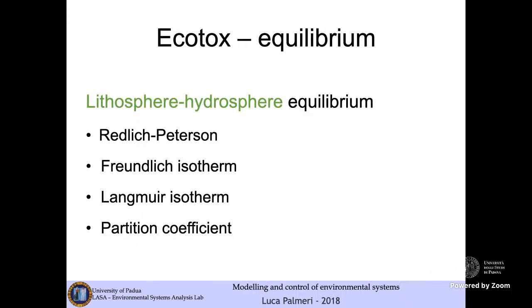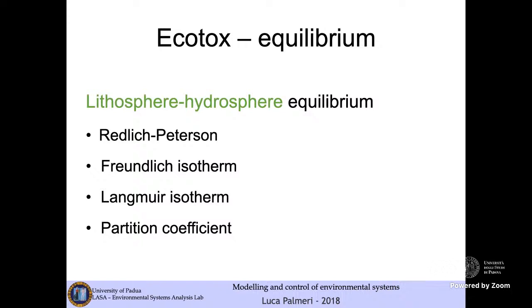These are isothermal processes, meaning that for the sake of simplification, we assume that these exchanges take place in conditions of constant temperature, so no changes in the temperature. Or if you want, we assume a constant temperature, and then we try to describe by mathematical modeling the flow taking place at constant temperature between lithosphere and hydrosphere.